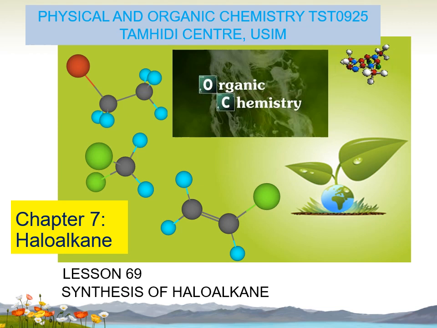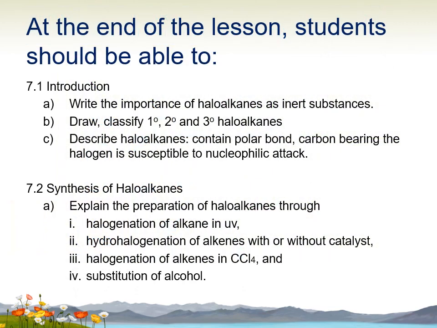We have arrived at chapter 7, Haloalkane, and in lesson 69 we are going to learn about how to synthesize haloalkane. Firstly, we need to know what are the functions of haloalkane in our everyday lives. Then we want to classify primary, secondary and tertiary haloalkanes.